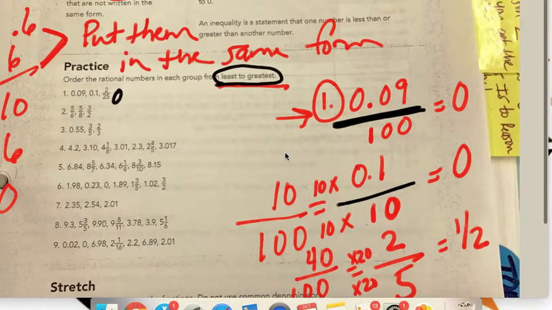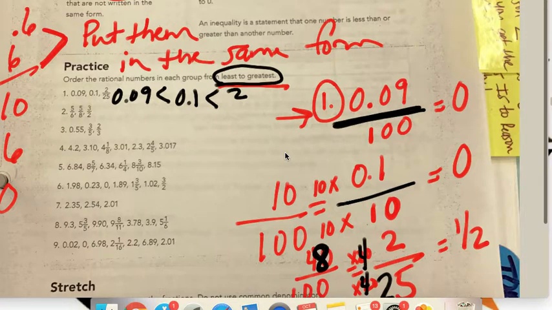So I'd write 0.09 as my least, then 0.1, and then last but not least, we have the 2 over, oh my goodness, I wrote the wrong fraction. I messed up. This was supposed to be 2 over 25. So I'm not multiplying by 20, I'm multiplying by 4. My bad. So that should be 8 over 100. Well, my goodness, that changes everything, doesn't it?